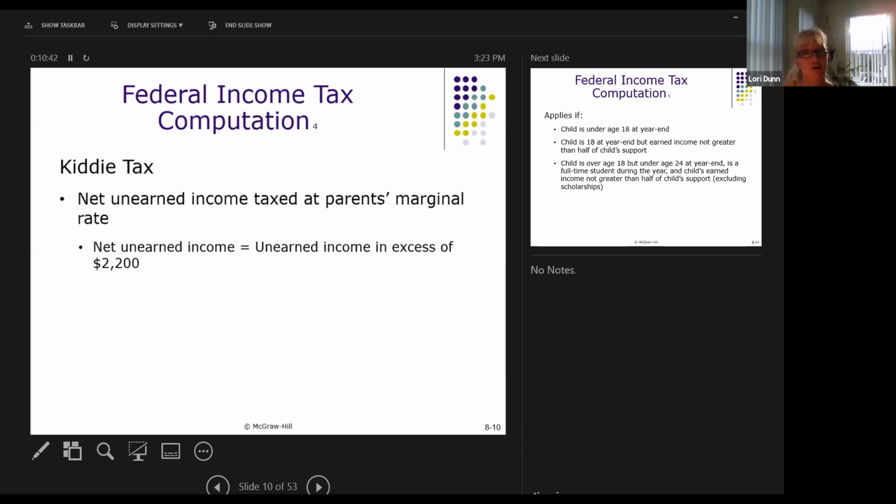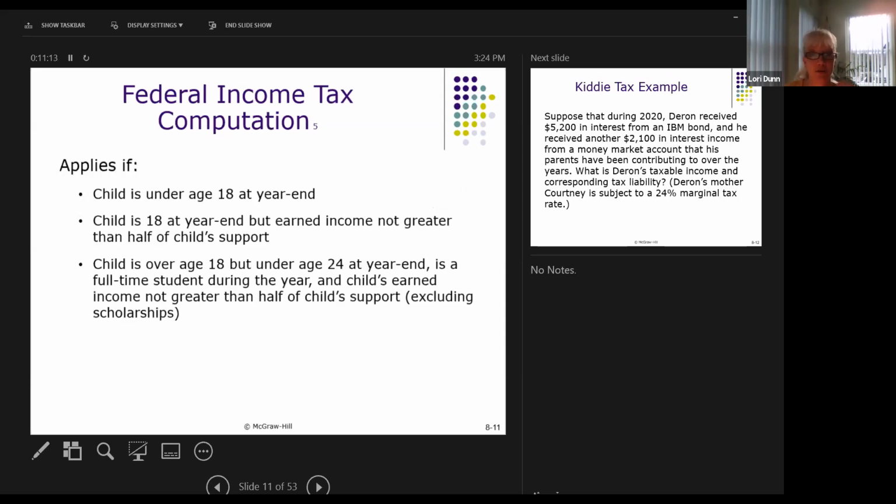But if that unearned income in the kid's name is above $2,200, the amount above it is taxed at the parent's marginal tax rate. So if that parent is in a 32% tax bracket, the tax on the kid's unearned income above $2,200 will be 32%. So there's no getting around it, even if you put the asset in the kid's name.